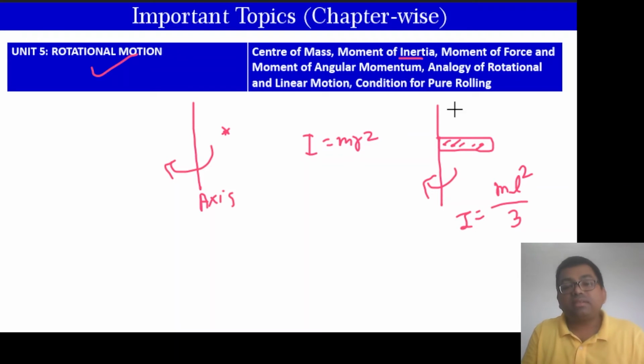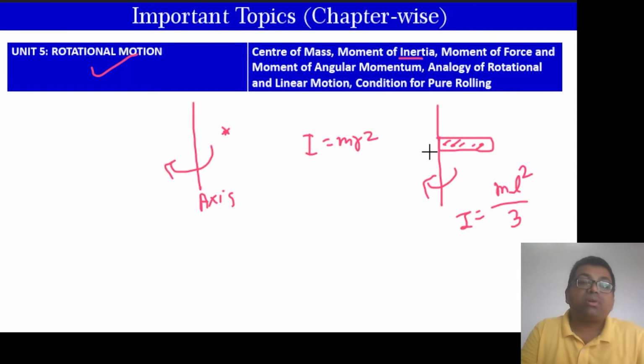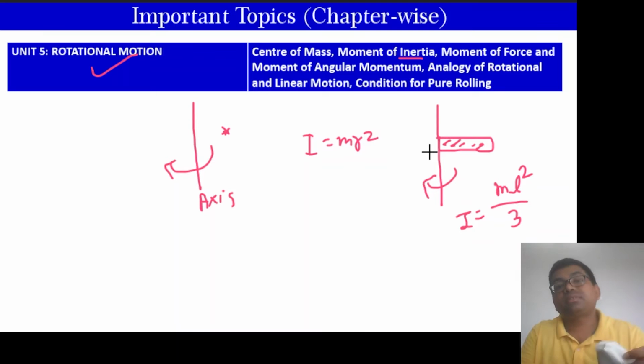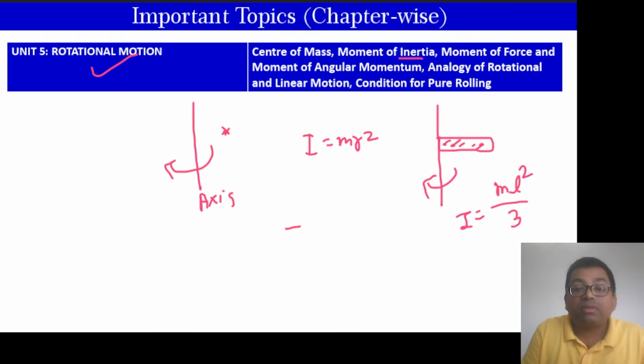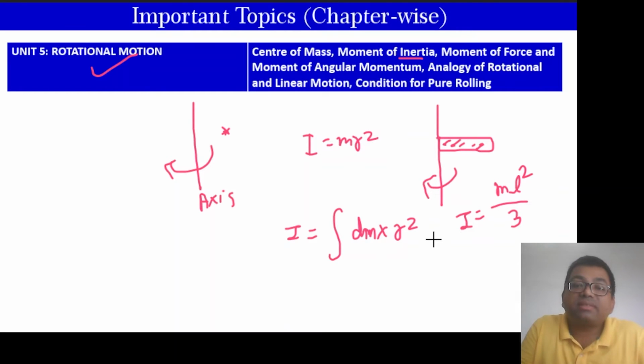Okay, if the axis changes, different axis, then there will be different formulas. So you need to remember all these results. You also need to know how to derive these results, because they are based on integration. So in general, you can always integrate dm into r square and perform the integration around the axis.